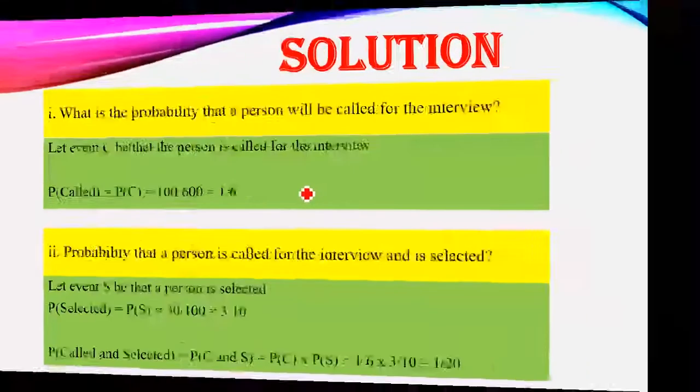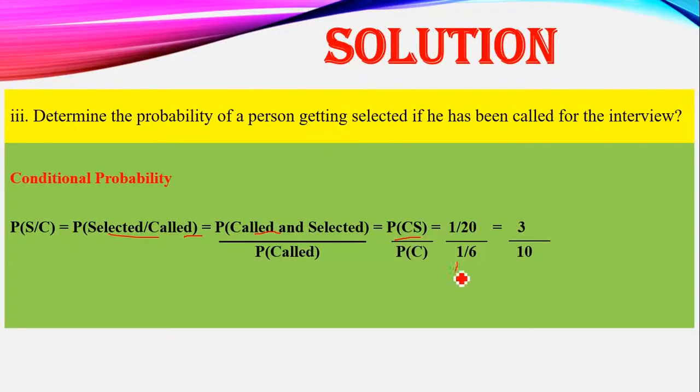Then we are dividing that by the probability of being called, which is 1 over 6. That's giving us 3 over 10 as the probability of a person getting selected given that they were actually called for the interview. And that is the whole concept in conditional probability.